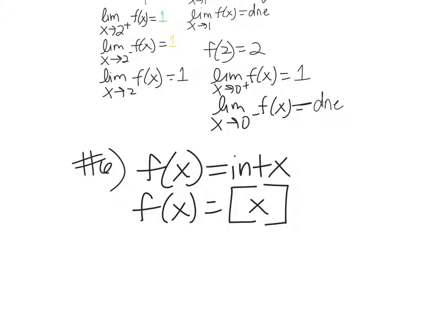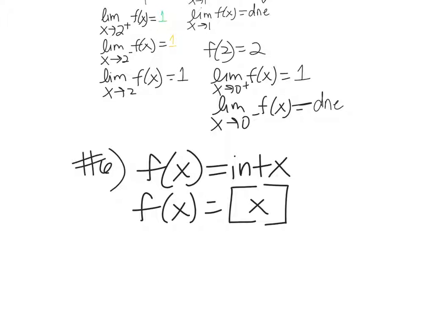But the greatest integer function, you can graph on your calculator. Go to y equals, then math, over to num, number 5, and it's the greatest integer of x. Zoom 6. Yeah, it's the step function.